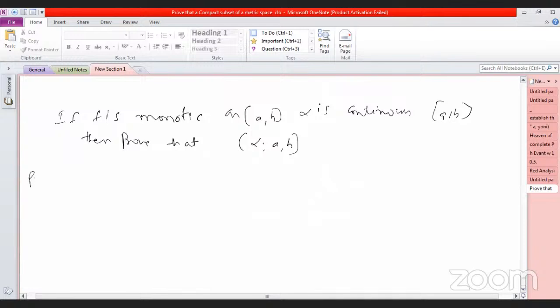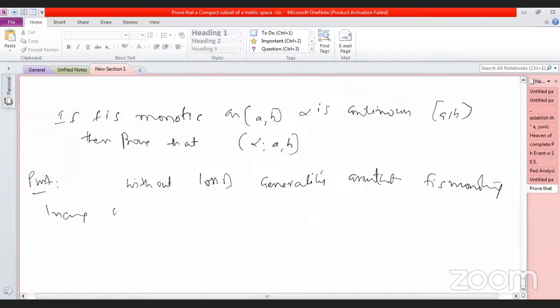The proof we are taking here: I already know that without loss of generality, assume that f is monotonically increasing on the closed interval a comma b.